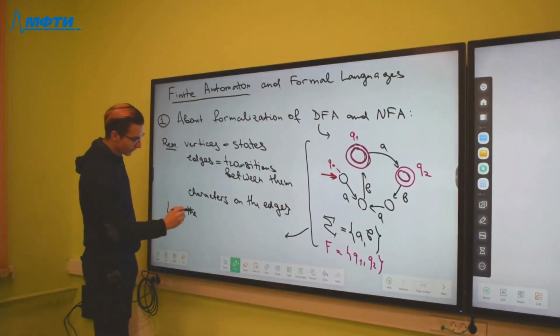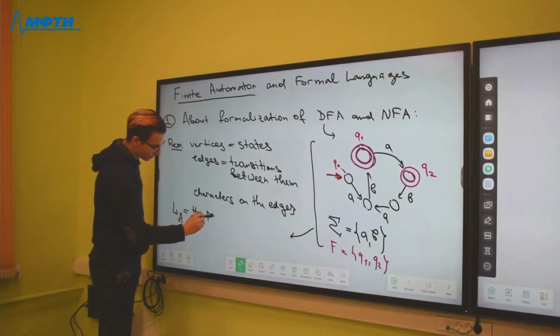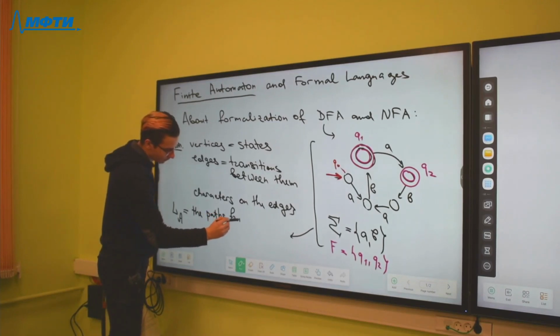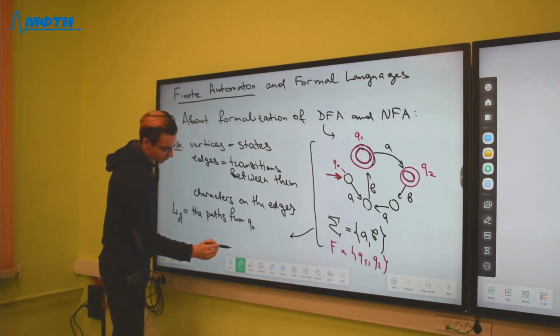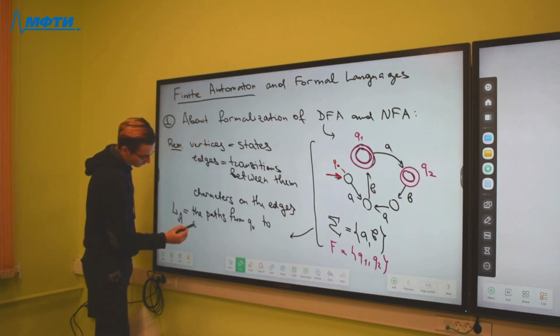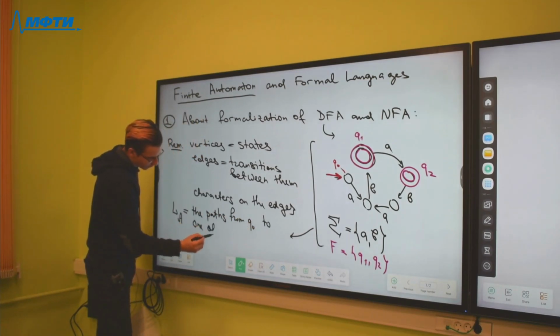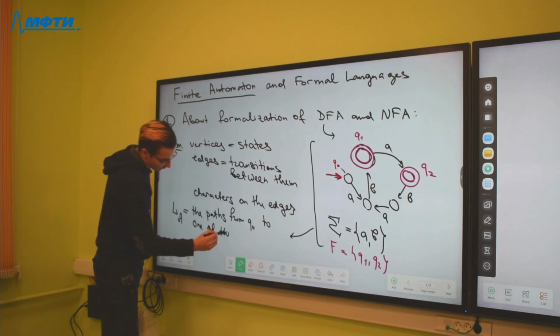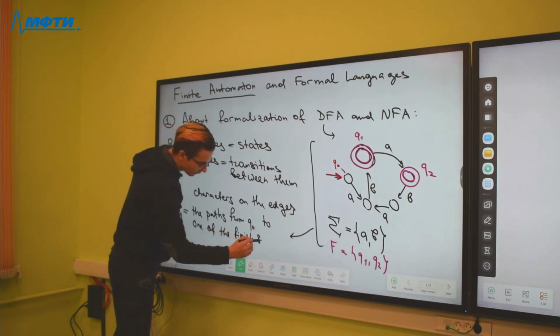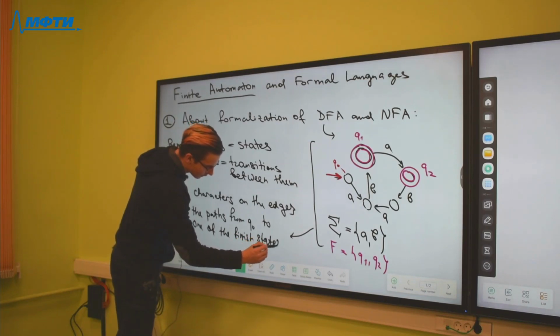It is the paths from Q0 to one of the final states.